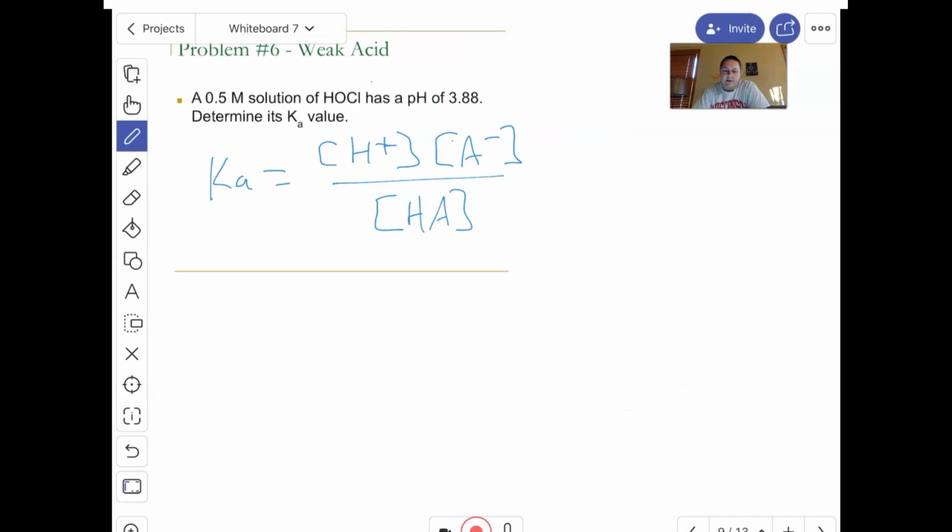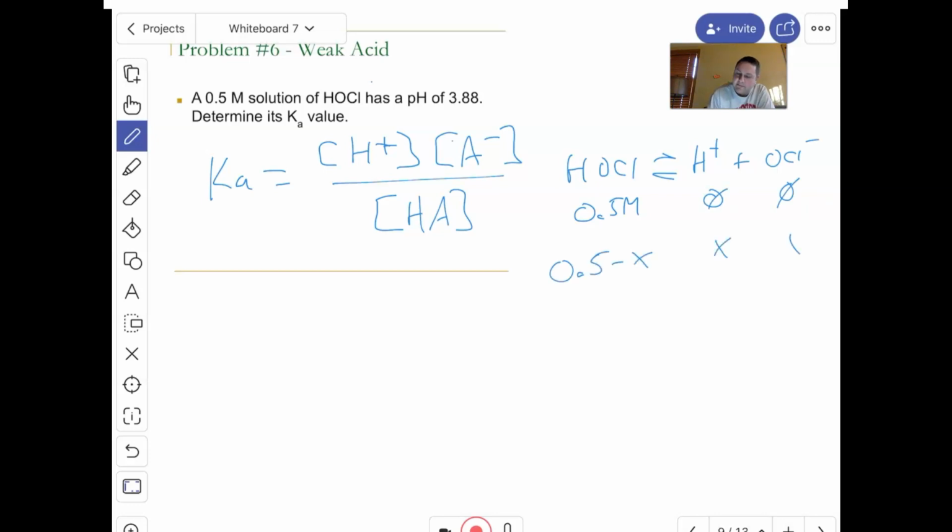With this next question, number 6, let's look at how I might go about setting this up. HOCl is in equilibrium with H plus and OCl minus, and maybe I'm starting initially with 0.5 molar of this, and it's going to break down to 0.5 minus x, and x.